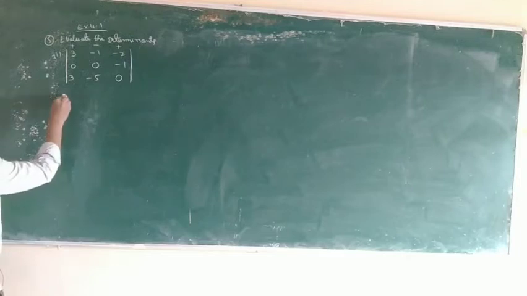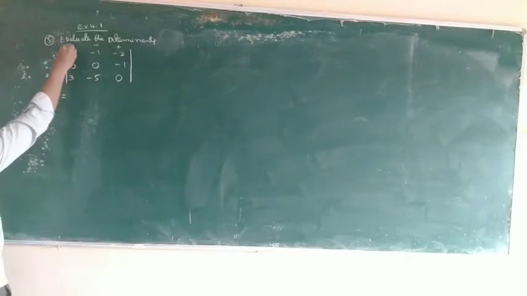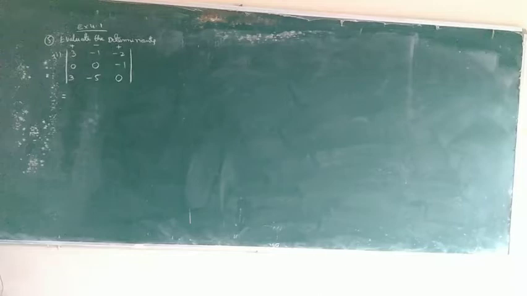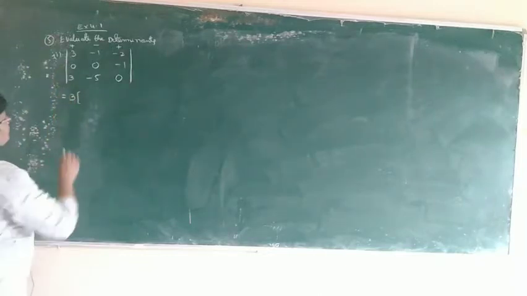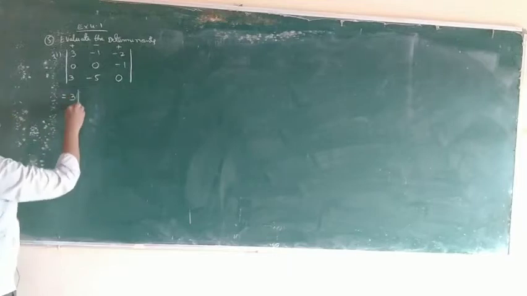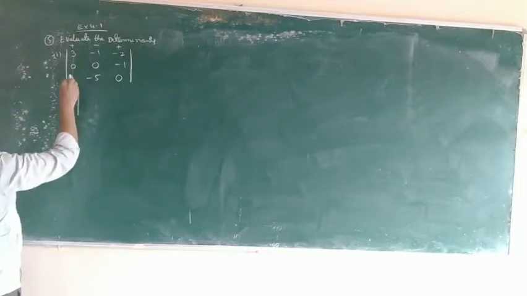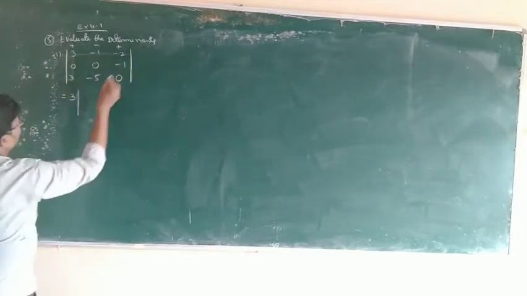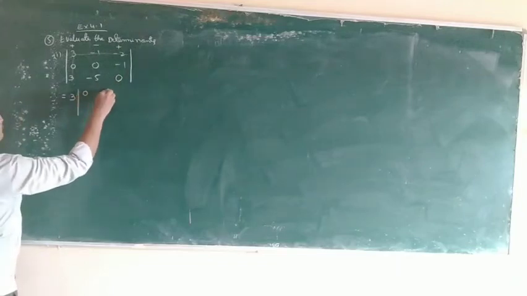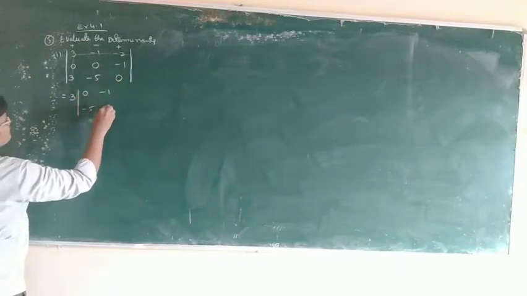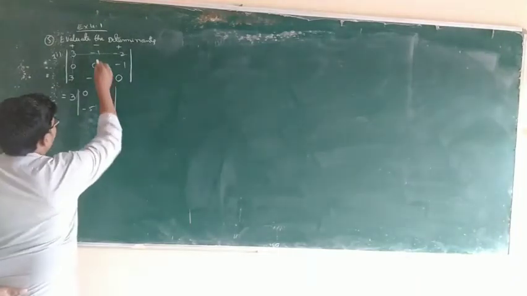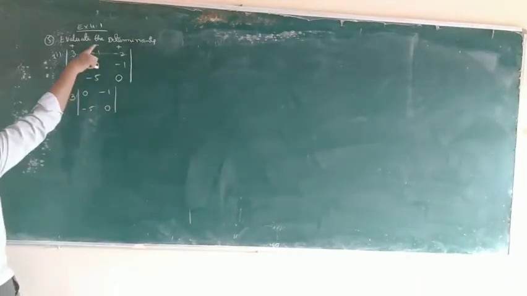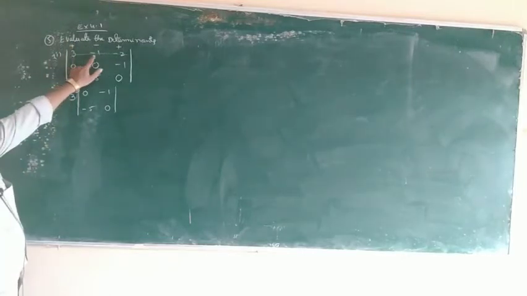So first it is plus, plus 3 into the determinant of the corresponding column and row, so 0, minus 1, minus 5, 0. Next, minus of minus 1, since the value is minus 1.